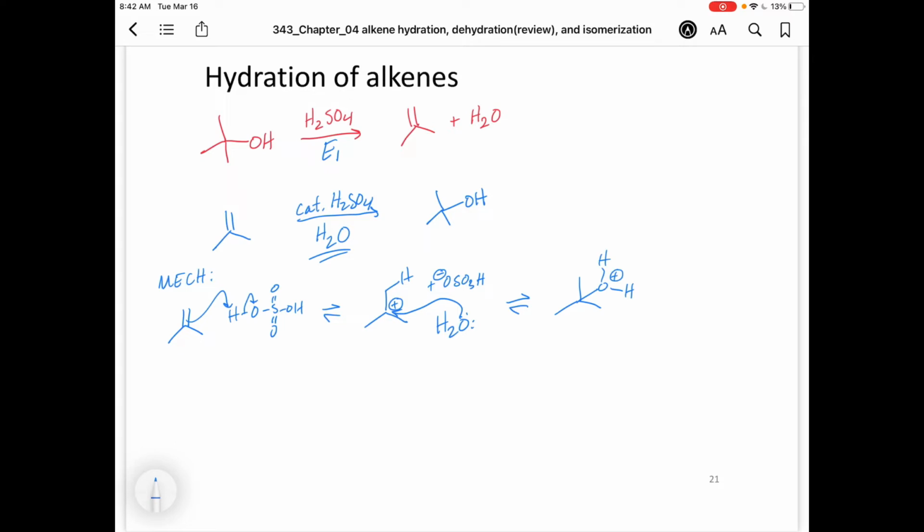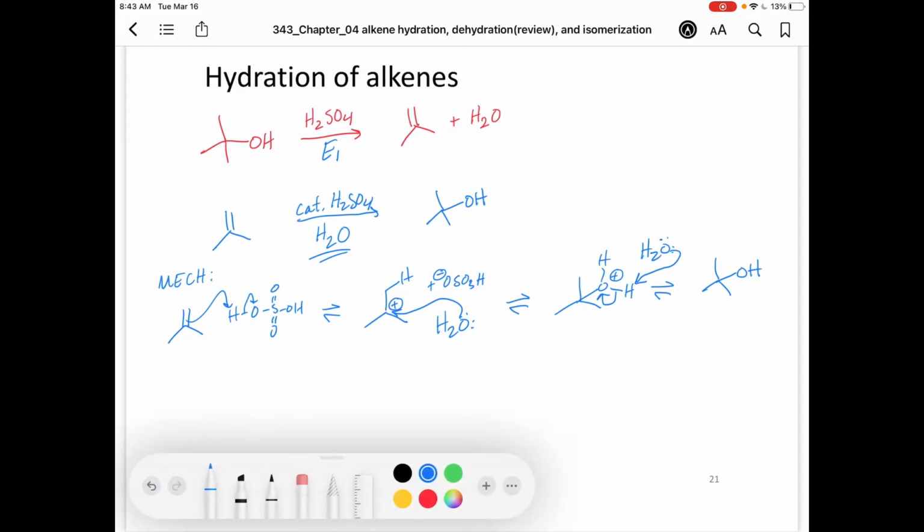And then we're going to deprotonate because we need to isolate a neutral species. So we're going to take the electrons from the oxygen, pick up a proton, and those electrons go to the oxygen. All right, and there we have it. That's our desired alcohol. Notice all of these steps are reversible.